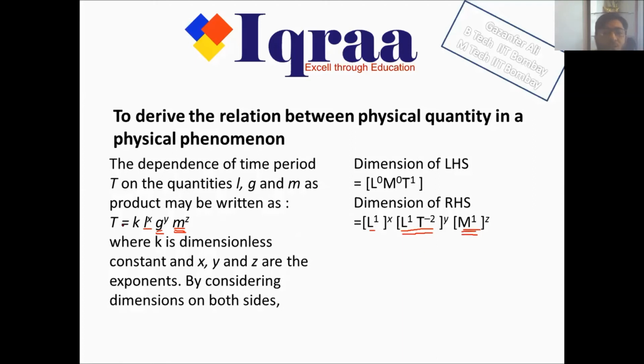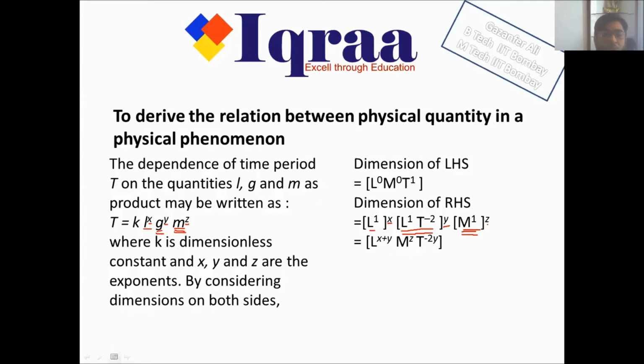So this makes sense to us. Now they are raised to the power x, y and z, so we'll raise length to the power x, g to the power y, and mass to the power z. And we'll try to simplify this. So this will be L to the power x and L to the power y, so L to the power x plus y, mass is m to the power z, and t will be t to the power -2y.